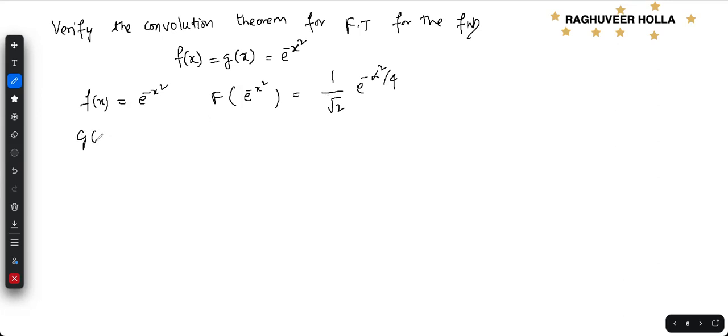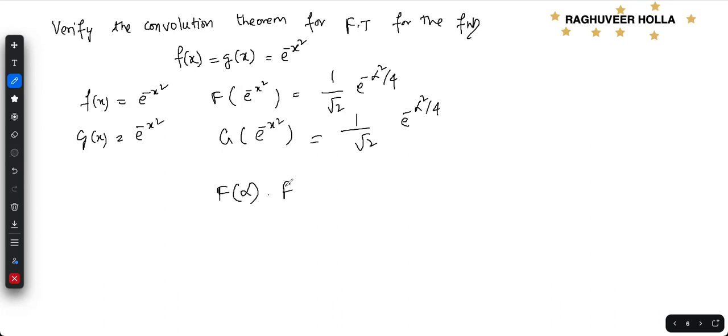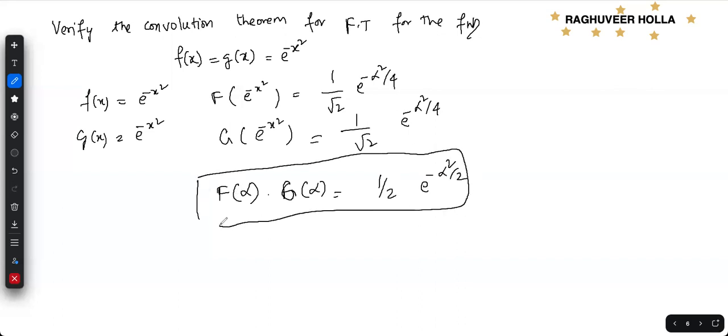Again, for g of x, it is e to the power of minus x square, and its transform is 1 by root 2 e to the power of minus alpha square by 4. Now, F of alpha into G of alpha is equal to 1 by 2 e to the power of minus alpha square by 2.